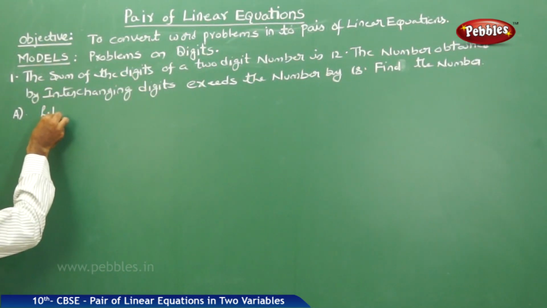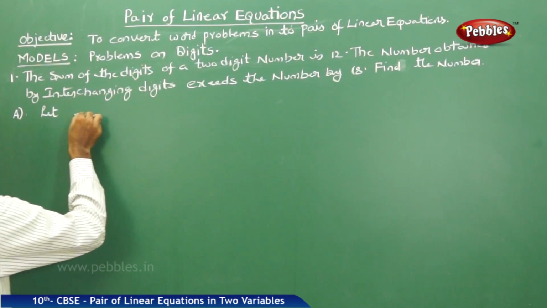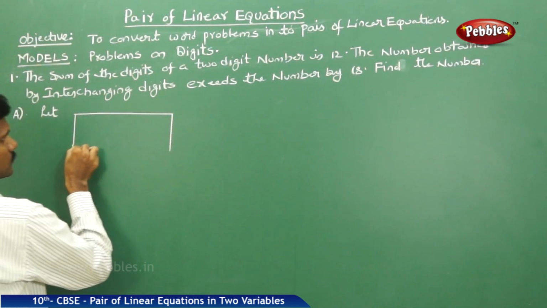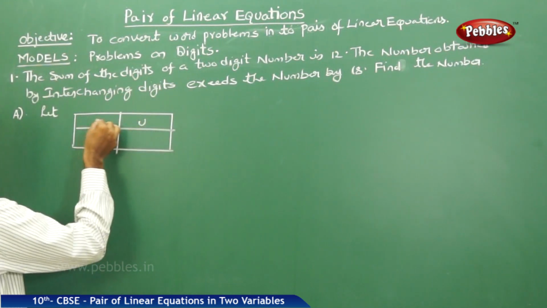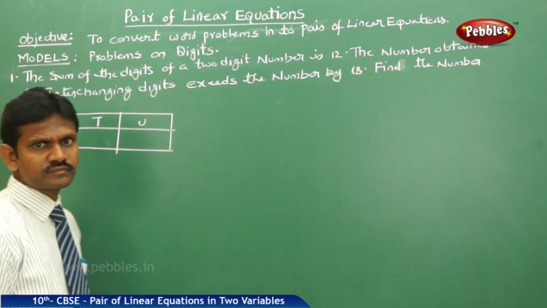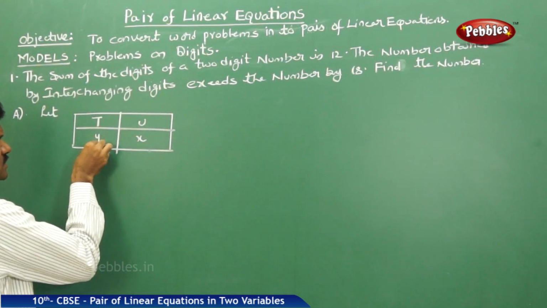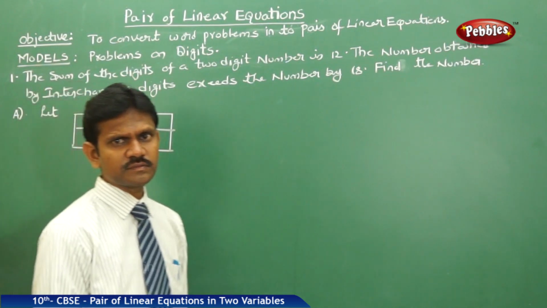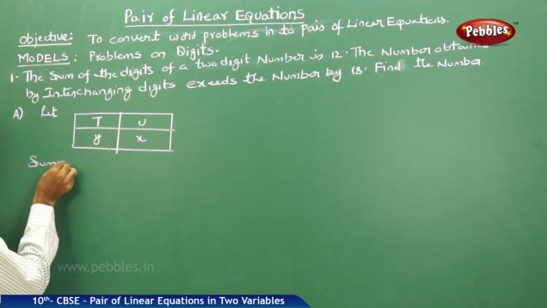Let my supposition be: units place is x and tens place is y. And from the data, the sum of digits is given.